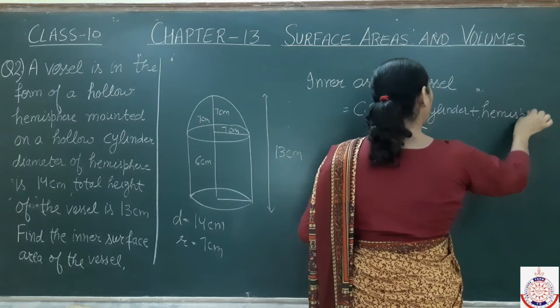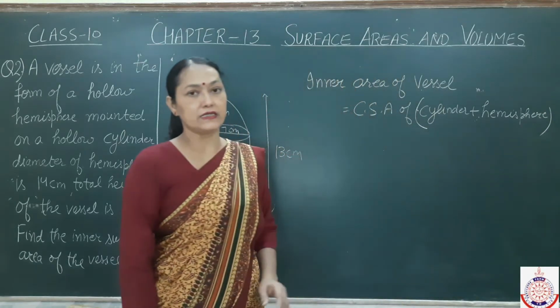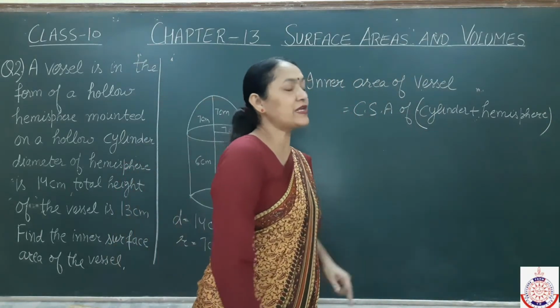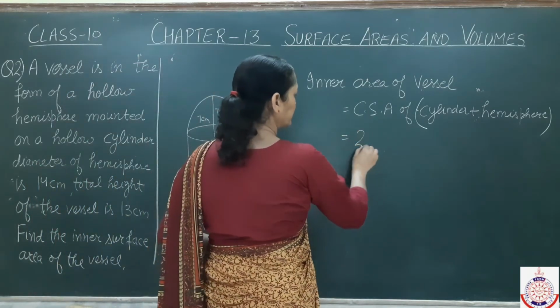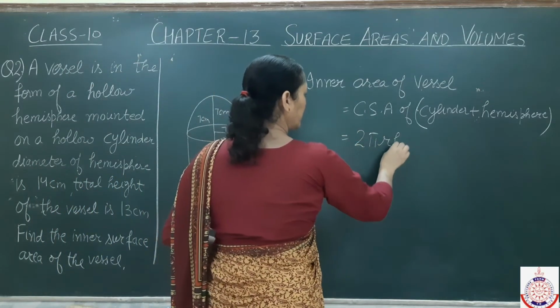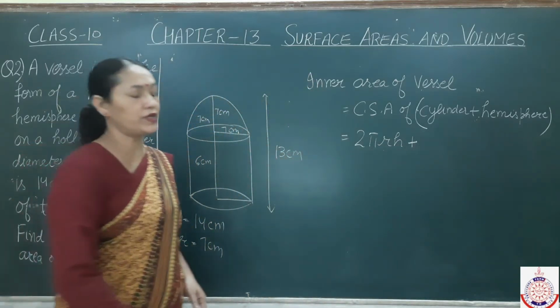If we add both the curved surface areas, we will get our answer. CSA of cylinder is 2 pi RH, and CSA of hemisphere is 2 pi R square.